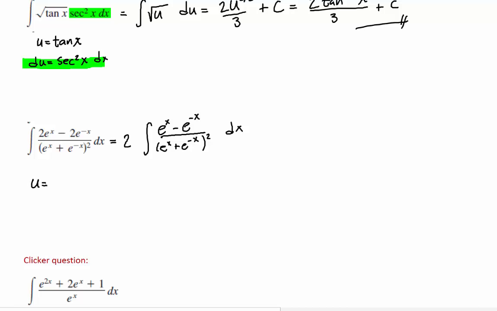So let's do u equals e to the x plus e to negative x. And then your du becomes e to the x plus e to the negative x times negative 1, or minus e to negative x, dx. And in this particular case now, we have the du pops out perfectly right there, and then the u in the bottom becomes a u squared.